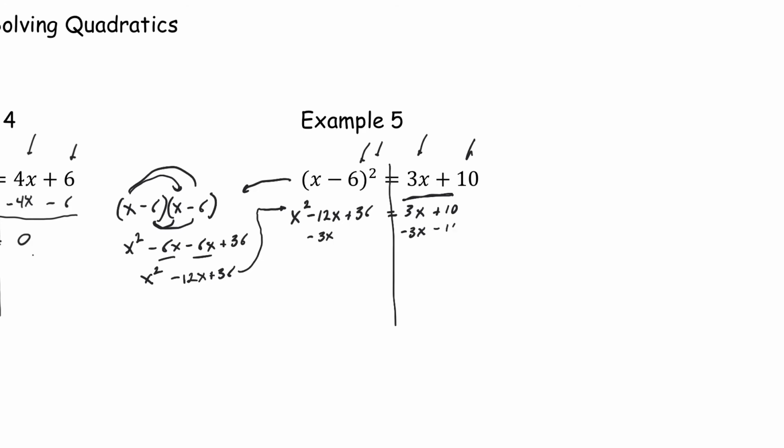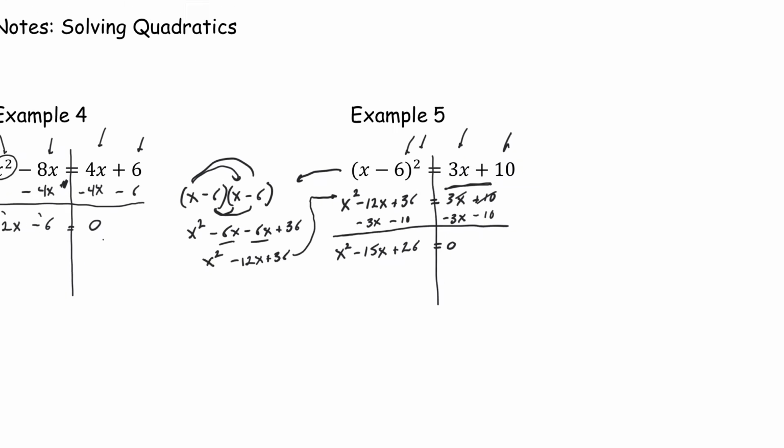And now we're going to subtract 10 and organize that. First time we've been able to stack them. And do your thing. Combine. X squared minus 15x looks like a plus 26. And that's set equal to 0. Okay? So that's basically what we're looking at. Again, same stuff. Simplify, get everything over to one side, organize it.